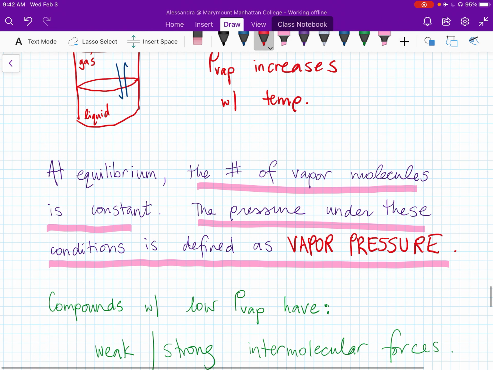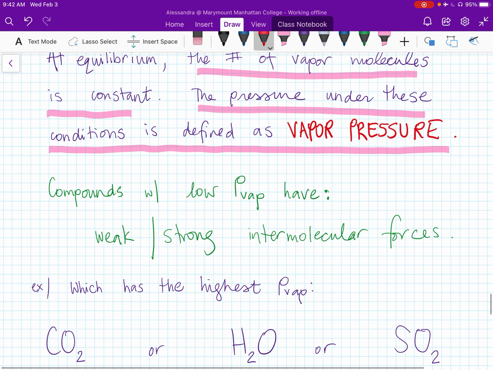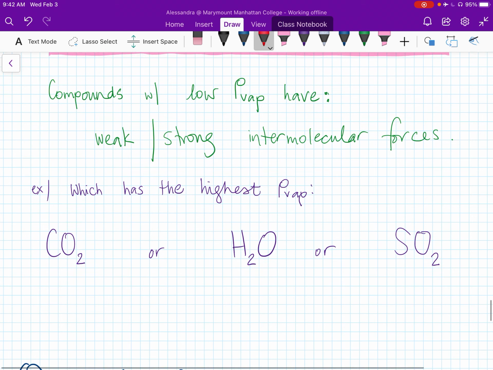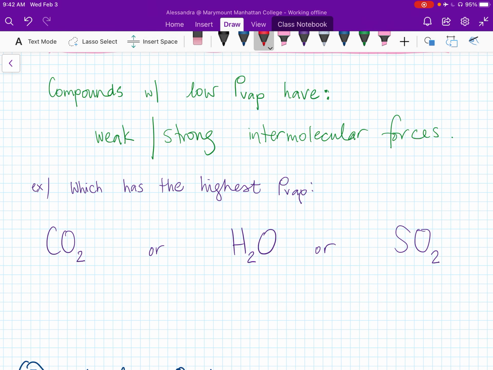Now, let's think about various liquids. Compounds with low vapor pressure would have comparatively weak or comparatively strong intermolecular forces? Let's think about that for a second. If you have low vapor pressure, that means that your molecules are more likely to stay in the liquid state because of their strong intermolecular forces.